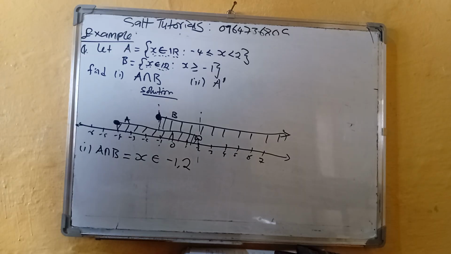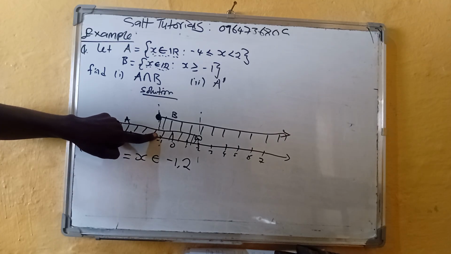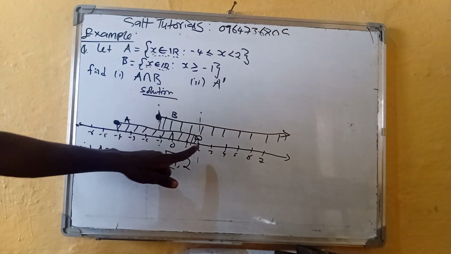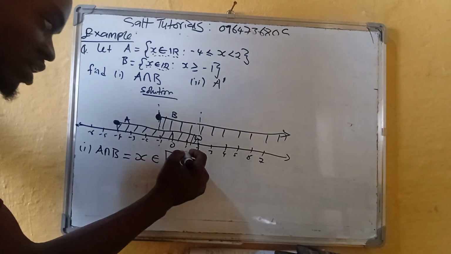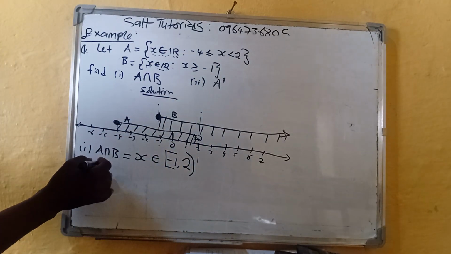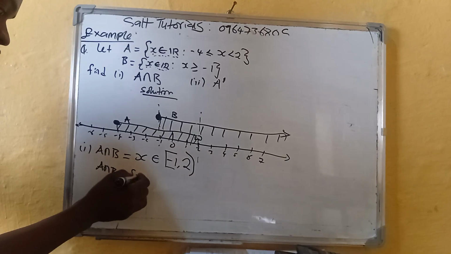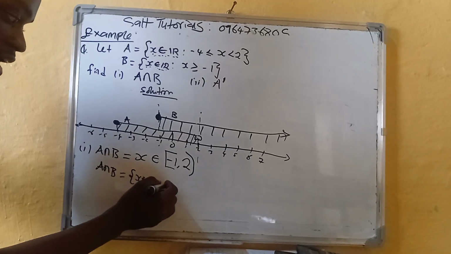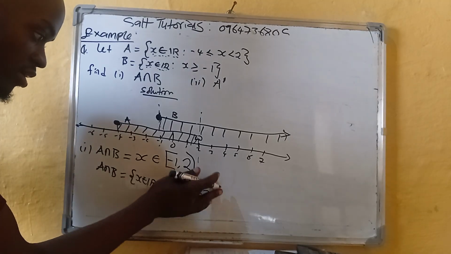Ask yourself the type of brackets you're going to use. -1 is shaded in B and shaded in A, so it is also part of the intersection. But +2 is open in A but closed in B, so 2 is not in the intersection, it is round. So giving my answer as exact as they had given it to me, A intersection B becomes X member of the real number set such that -1 is less than or equal to X and X is less than 2. This is my intersection.